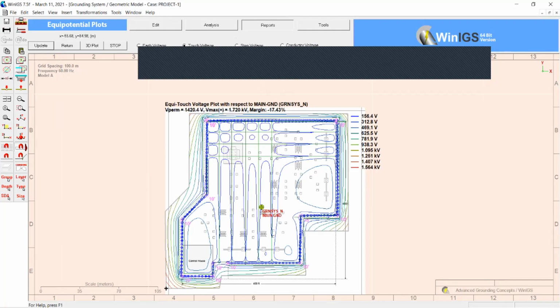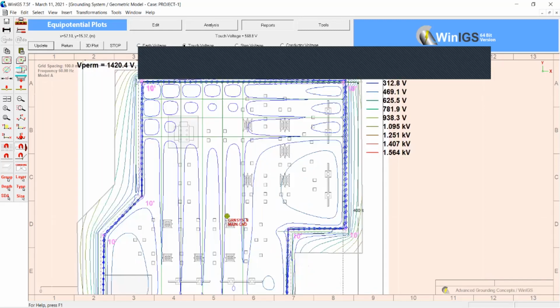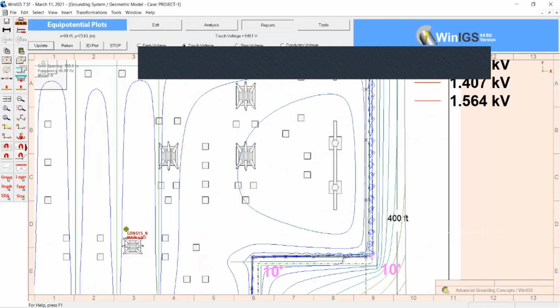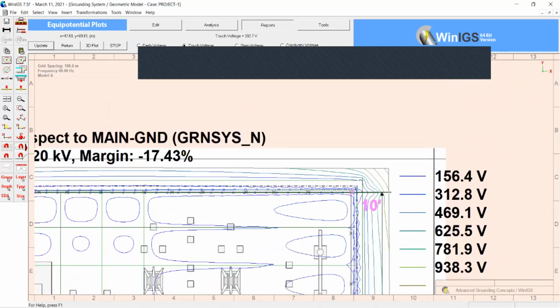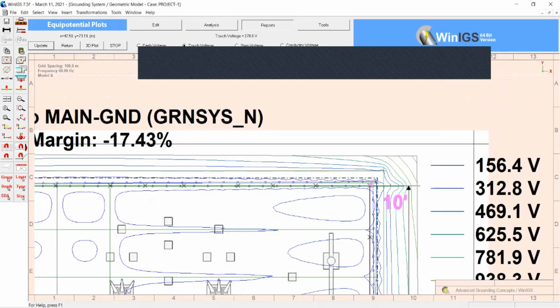And according to this touch voltage analysis, the maximum touch voltage is 1.7 kV. Okay. Now the thing is, we have to use the definition of touch voltage and we have to measure it. How will we do that?